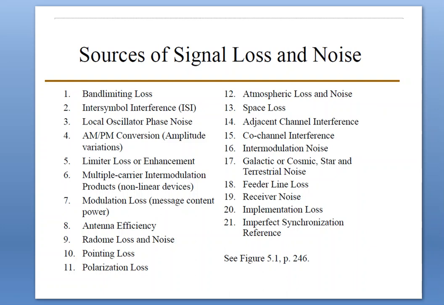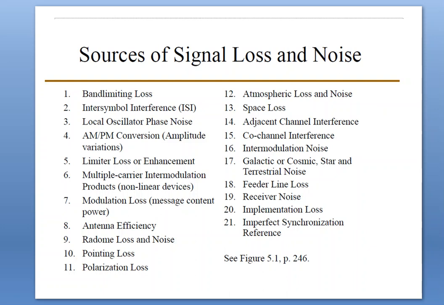Coming to the second one, intersymbol interference. Filtering in the transmitter, in the receiver, and in the channel can result in ISI. The received pulses overlap one another, that is, the tail of one pulse seeps into adjacent symbol intervals so that it interferes with the detection process.